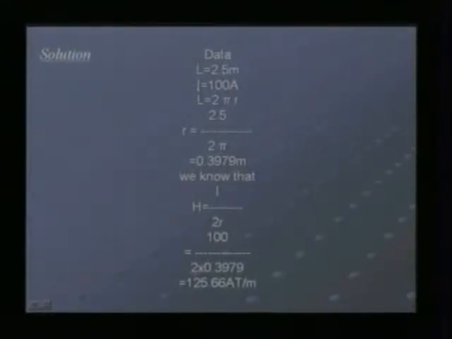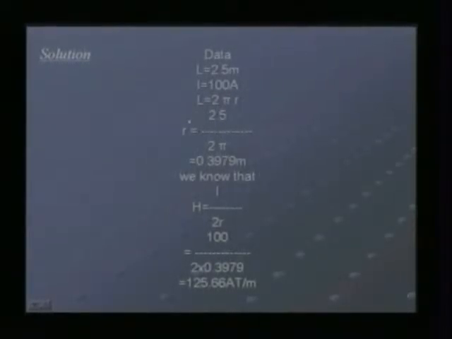For the given problem, the total length of the wire which is bent into the circle, L, is equal to 2.5 meters, and the current flowing through the circular wire is 100 amperes.